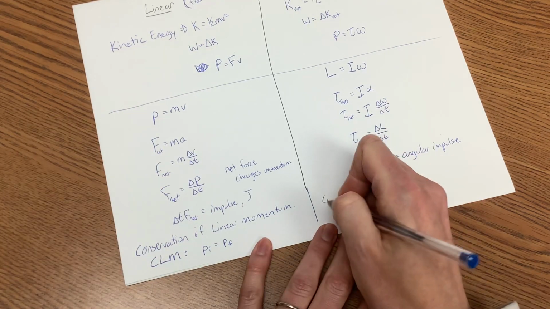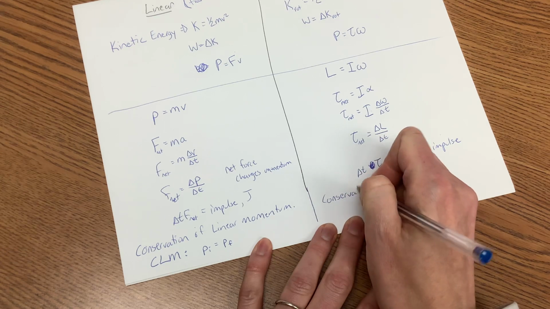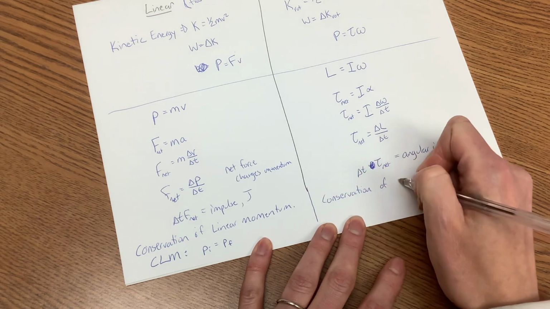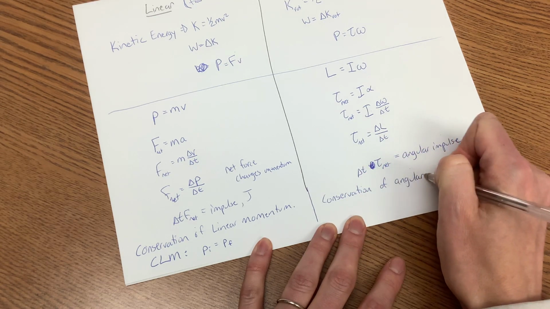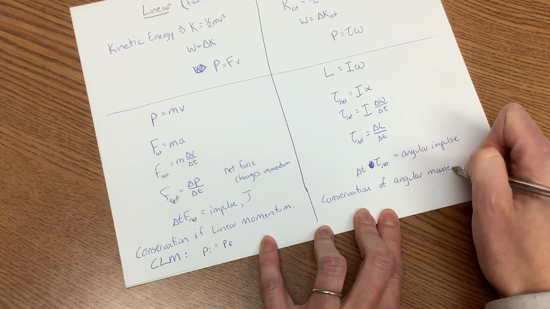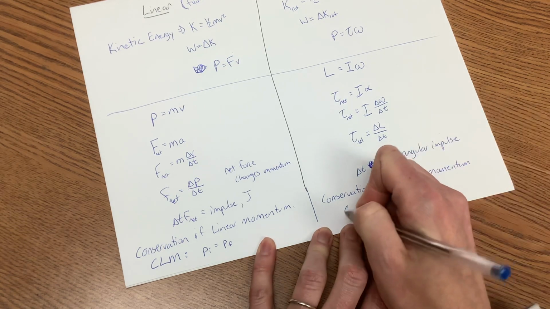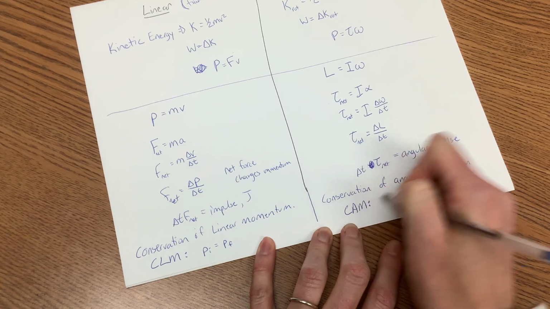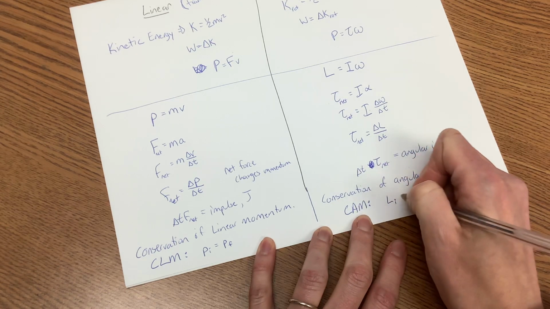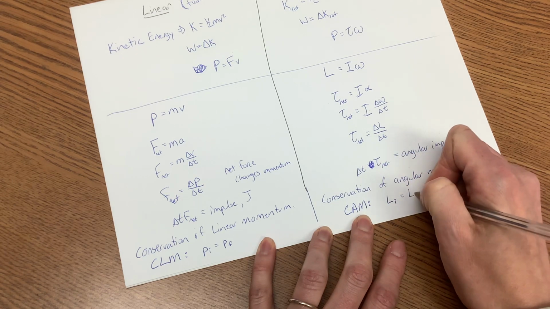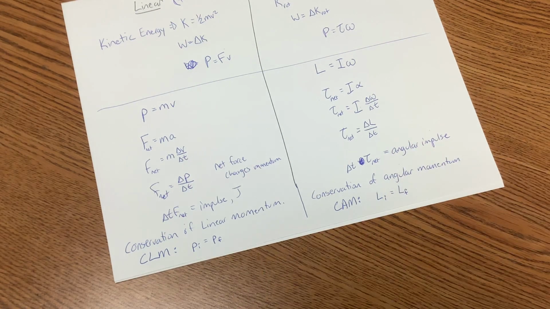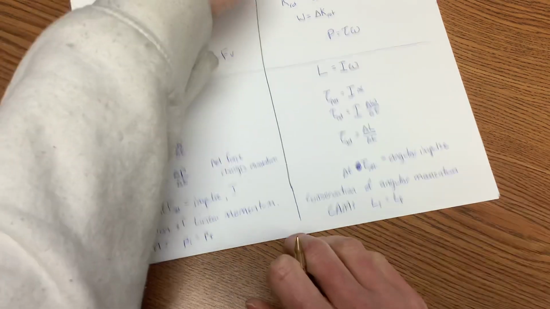Well, now we have conservation of angular momentum, and it says that the initial angular momentum has to be the same as the final angular momentum. So the total angular momentum stays the same.